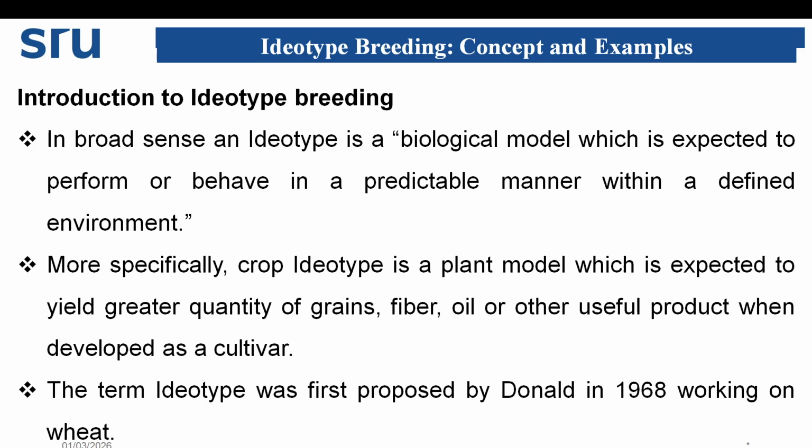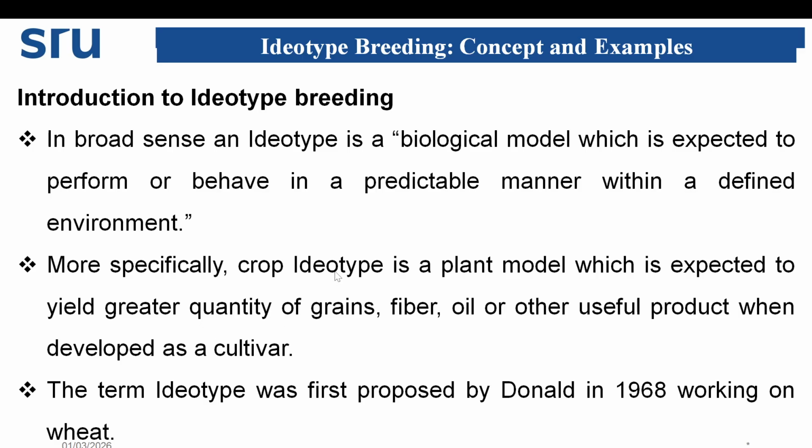More specifically, a crop ideotype is a plant model which is expected to yield a greater quantity of grains, fibers, oils or other useful products when developed as a cultivar.